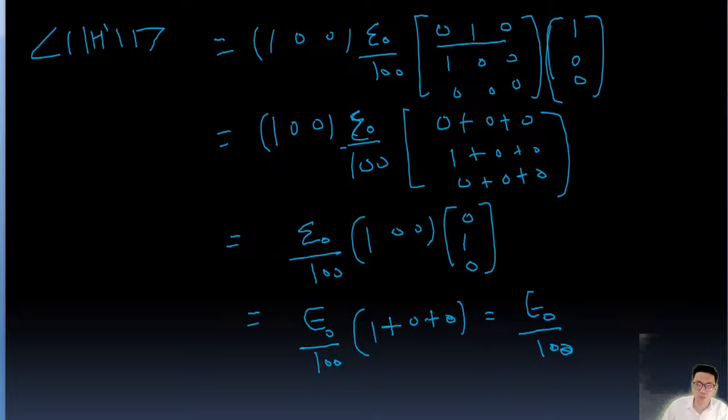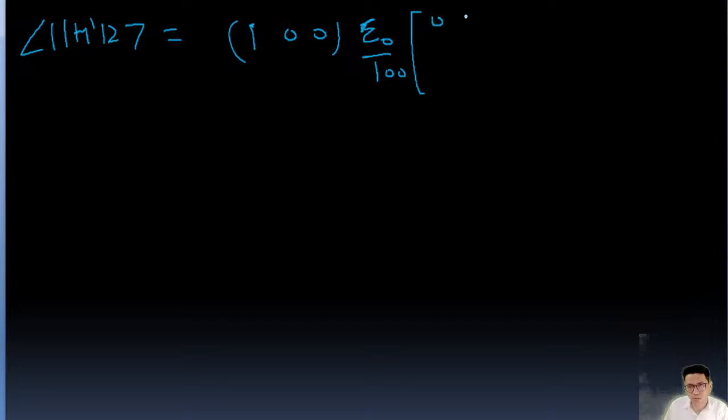Now we'll find <1|H'|2>. So this is going to be one value we know, this is (1 0 0), and H' is (0 1 0), (1 0 0), (0 0 0), and this is (1 0 0).